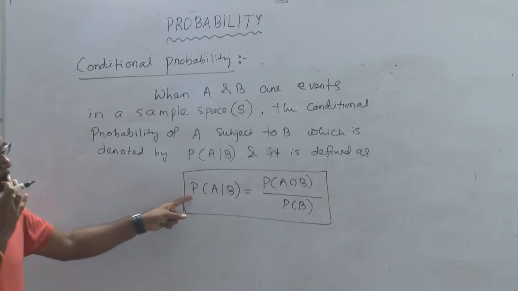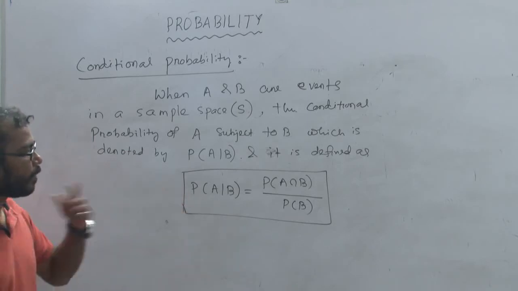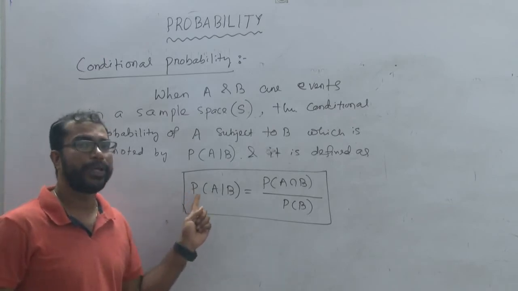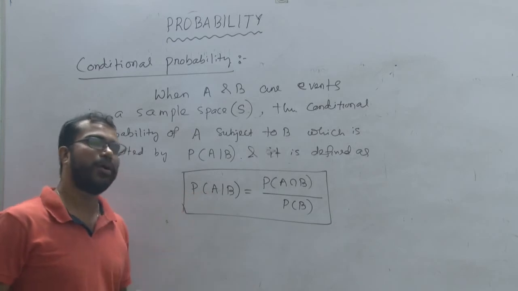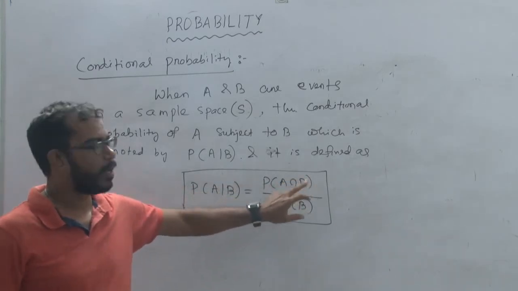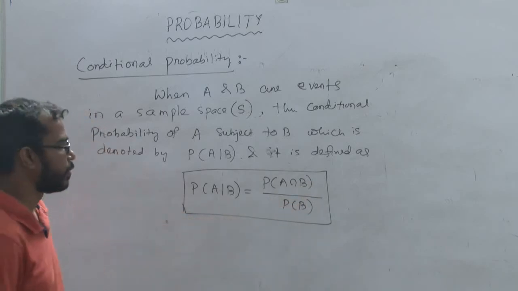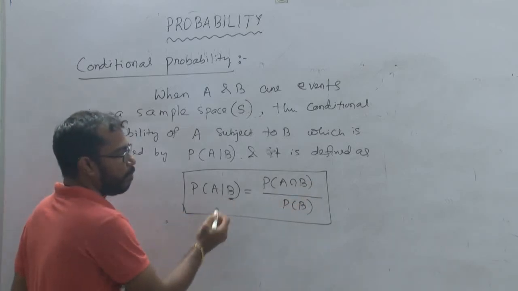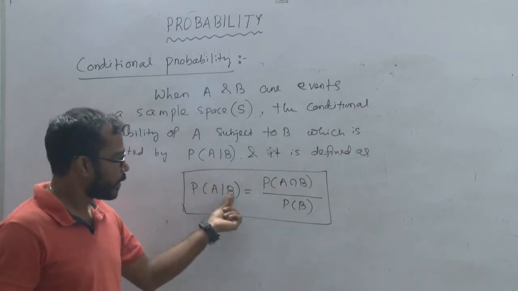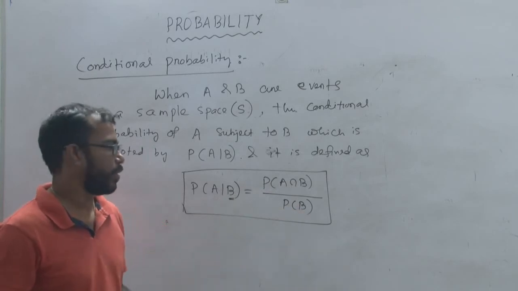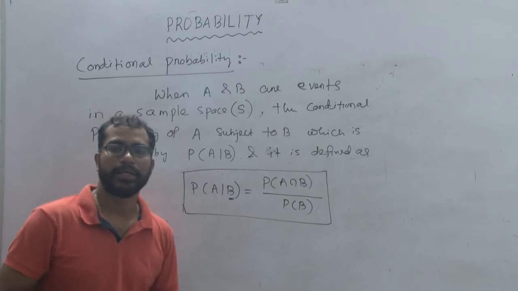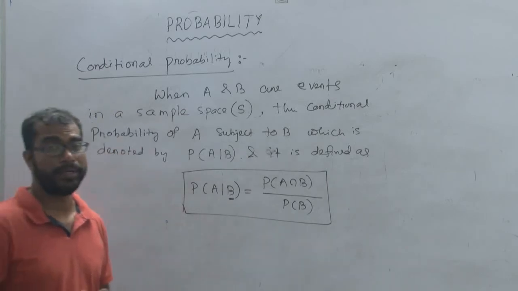In this case, the conditional probability of A subject to B, we write P of A by B. So the formula of P of A by B is equal to probability of A intersection B divided by P of B. Here B is the denominator, so we write the same event in the denominator.